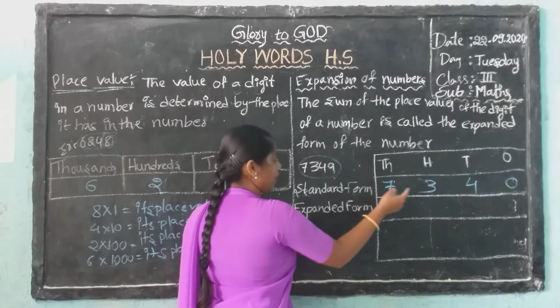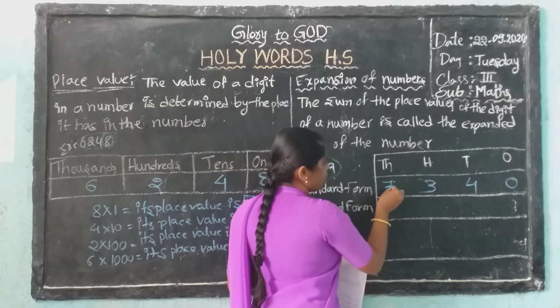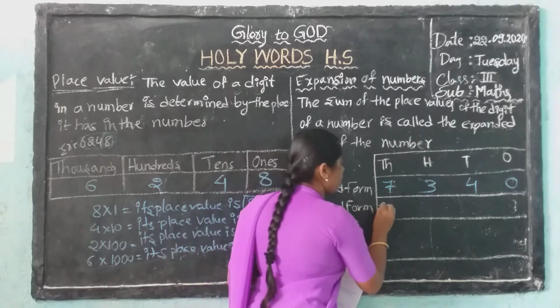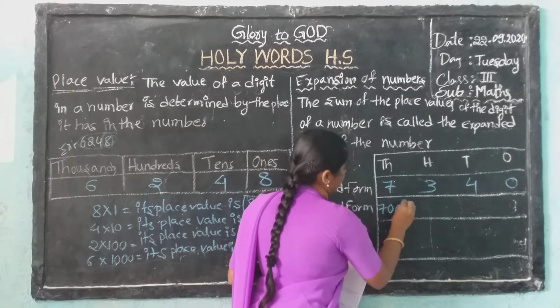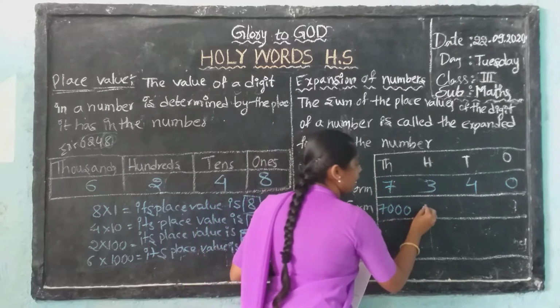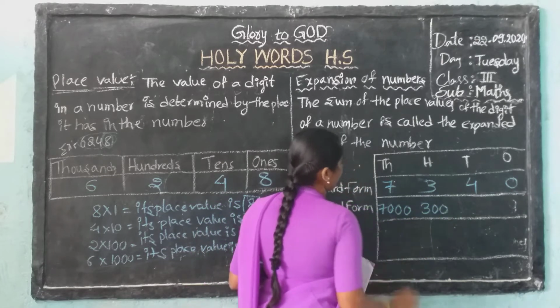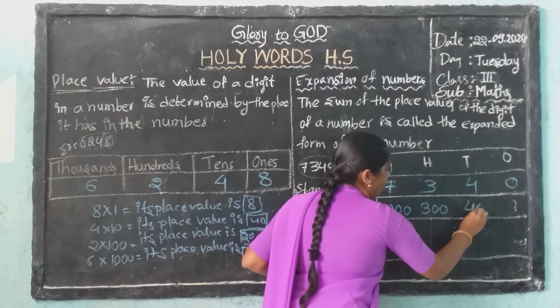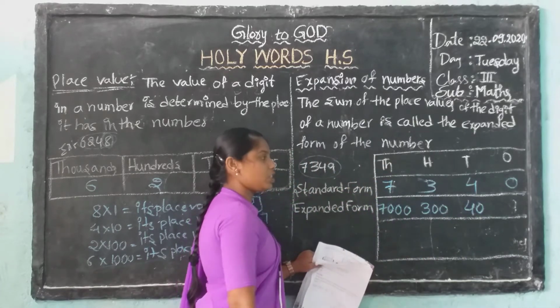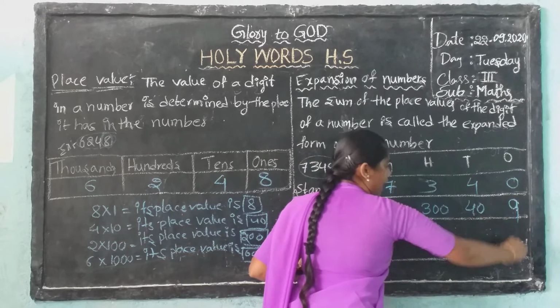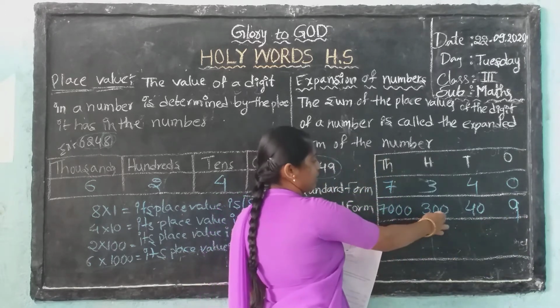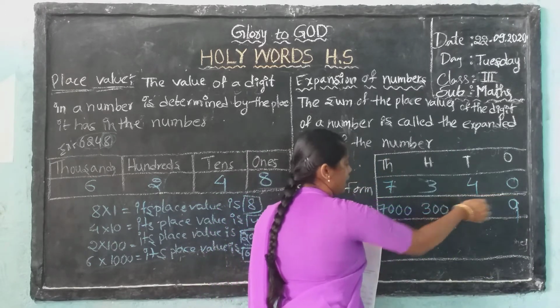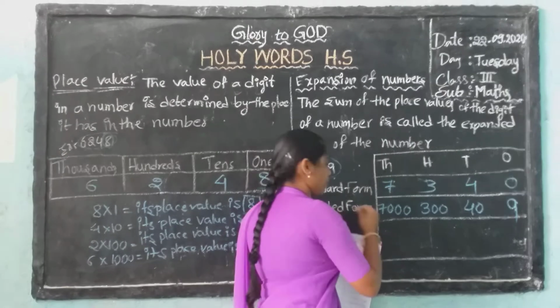And the expanded form. 7 is in the thousands place, so 7000. 3 is in the hundreds place, so 300. 4 is in the tens place, so 40. 9 is in the ones place, so 9. 7349 is the expanded form.